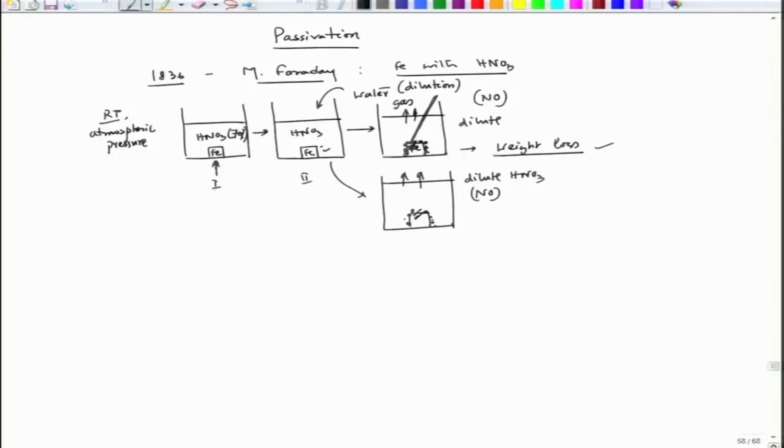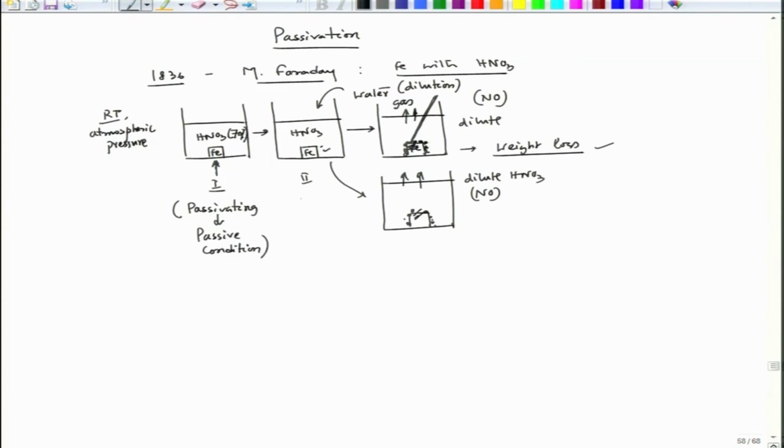Now, this experiment talks about passivity, as well as how it converts from the passive to the active stage. In stage 1, the metal, the iron, is passivating and then reaches the passive condition, and the corrosion rate reduces to a very large extent.